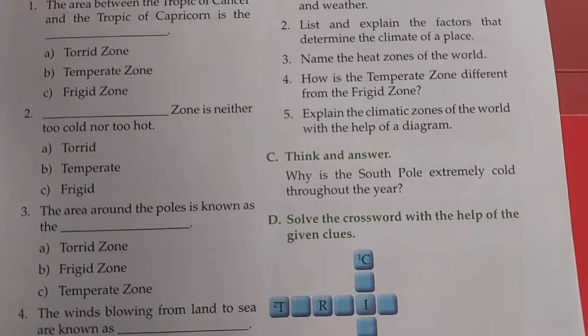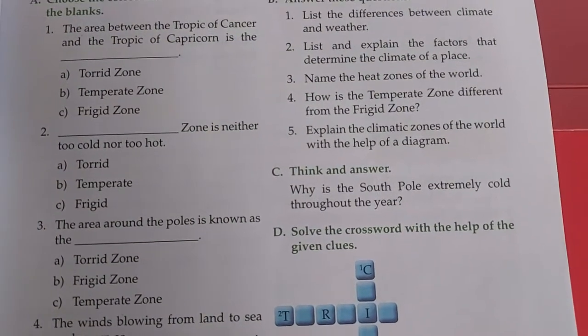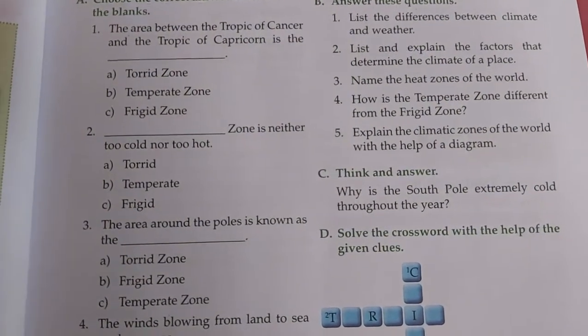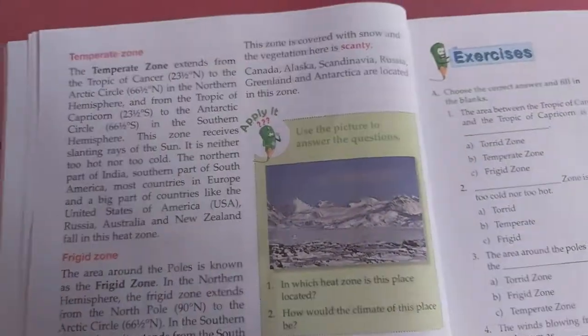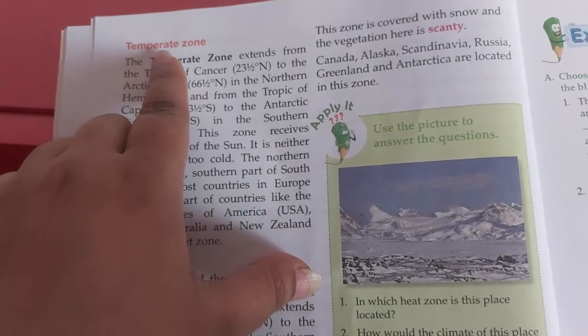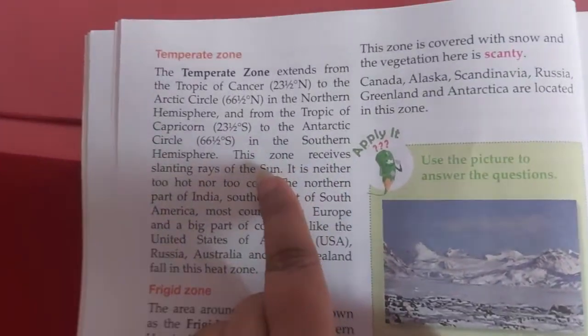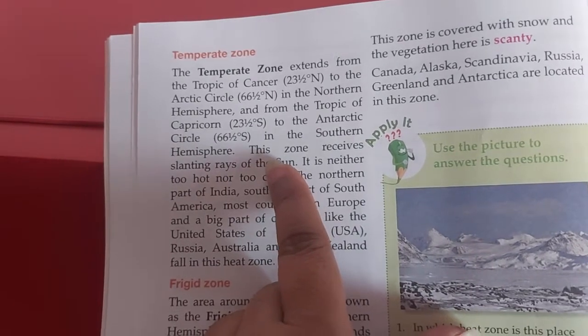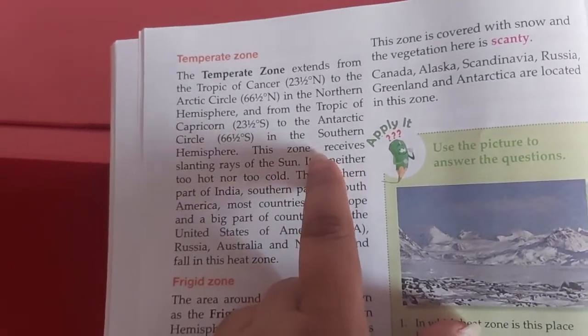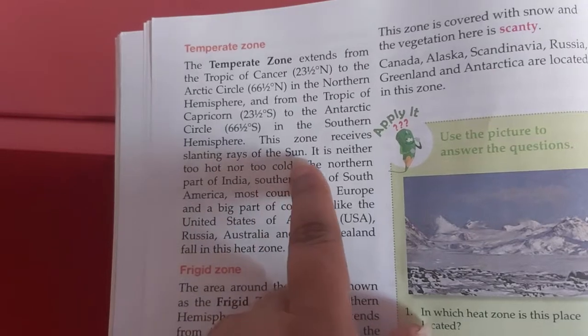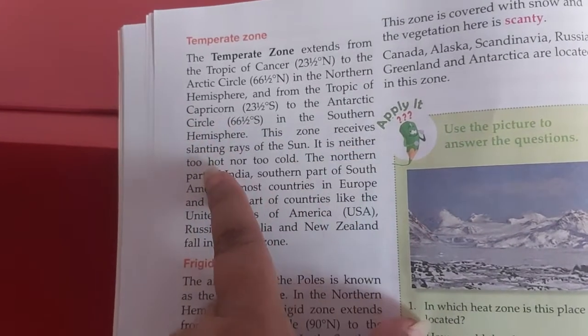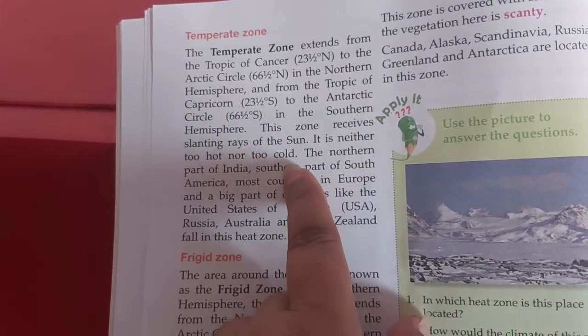Then question number 4, how is the temperate zone different from the freeze zone? For this you can go to page number 16. Under the heading you can see the temperate zone and the freeze zone. What is special about the temperate zone is that this zone receives slanting rays of the sun. It is neither too hot nor too cold, right?